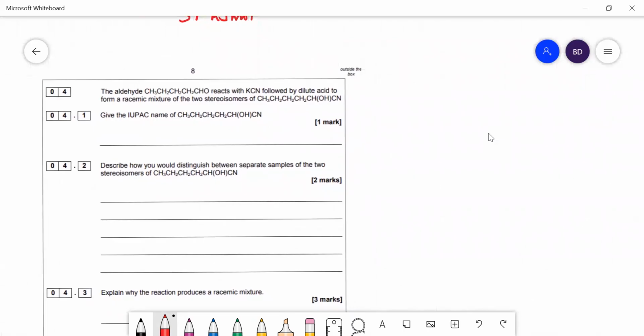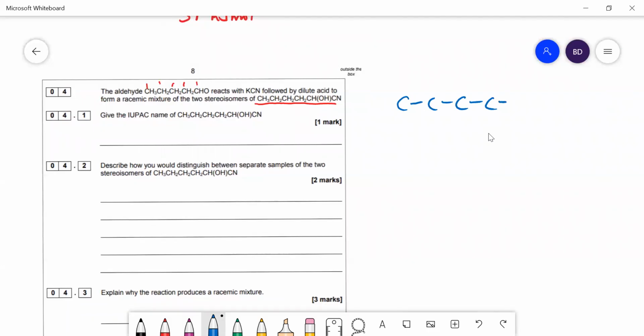So we've got an aldehyde, and that has got 1, 2, 3, 4, 5 carbons, so it's propanal, and it reacts with KCN, and then you add acid to form a racemic mixture of 2 stereoisomers of that. Okay, so let's name this stuff. It's always best to be on the safe side and draw it out rather than do it in your head.